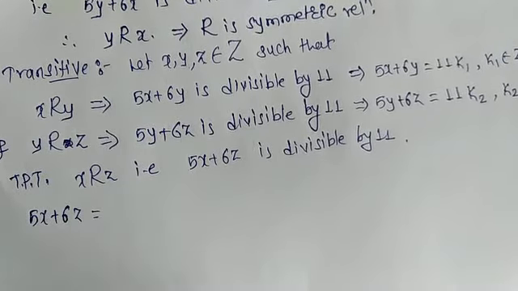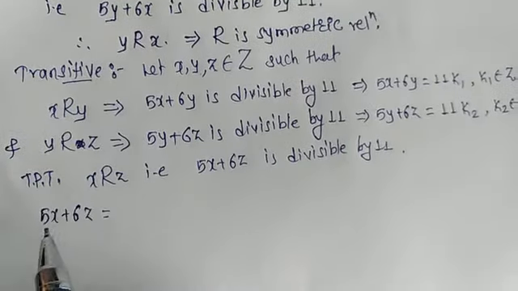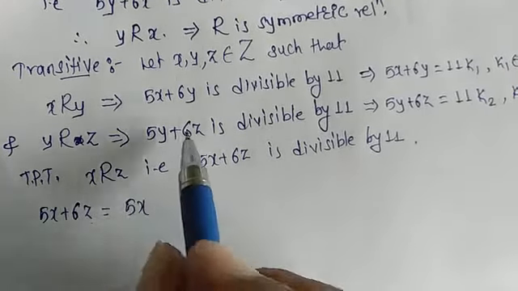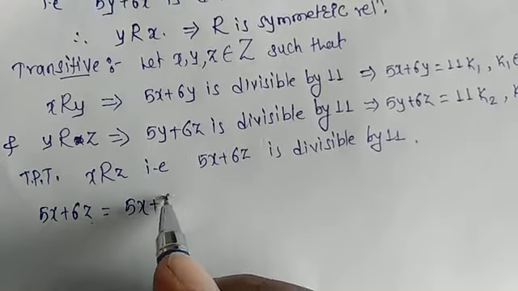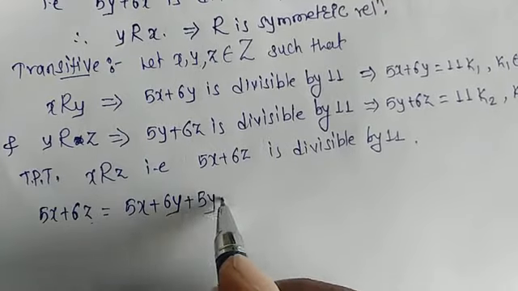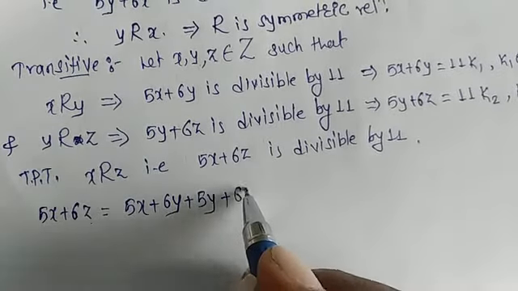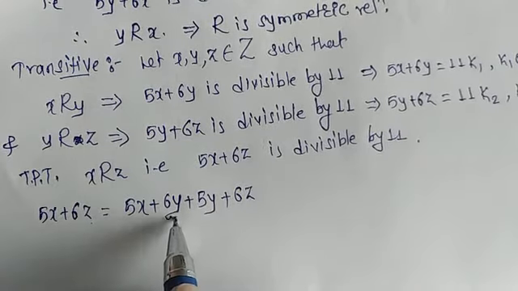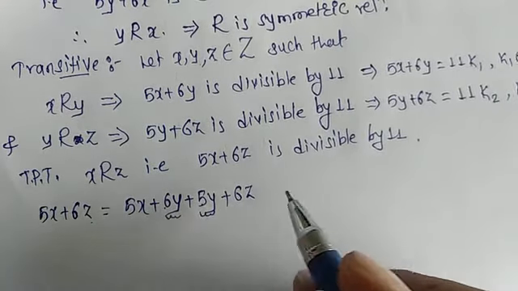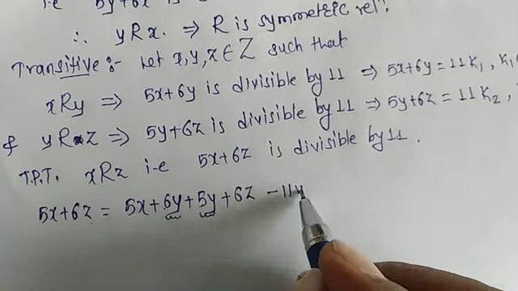So 5x plus 6z can be written as 5x plus 6y plus 5y plus 6z, which means we have added these two terms, 6 plus 5, which is 11y, and we have to subtract it.